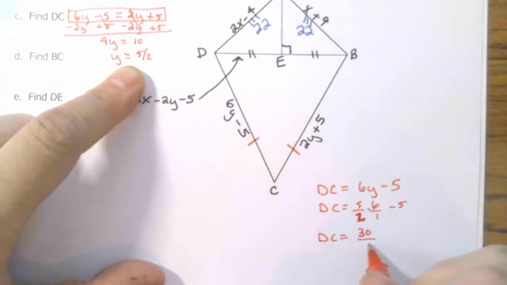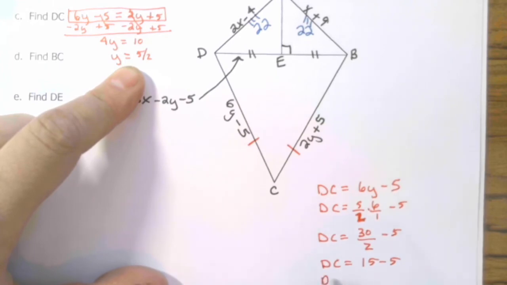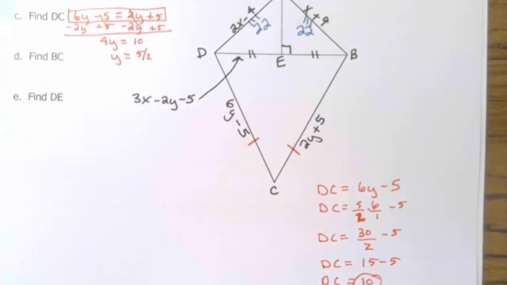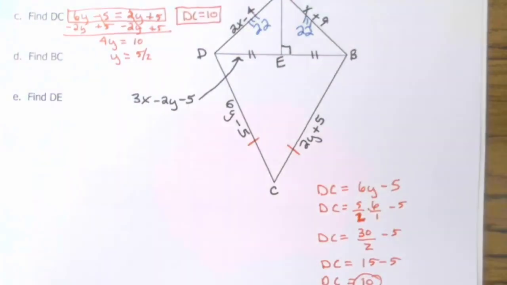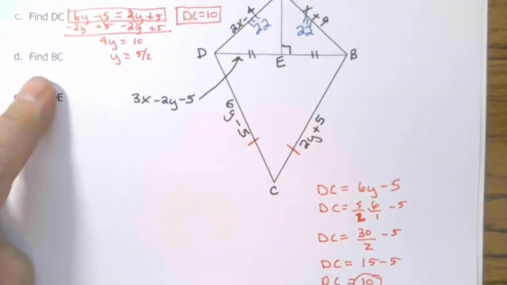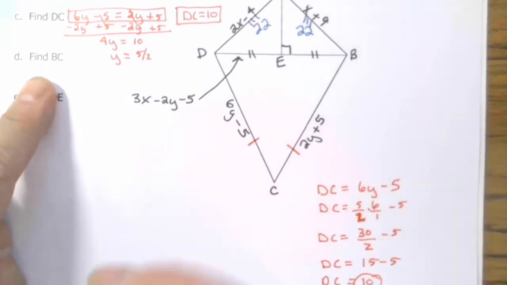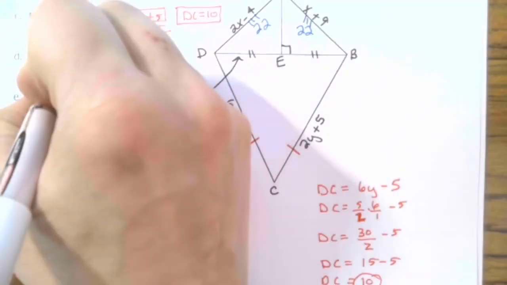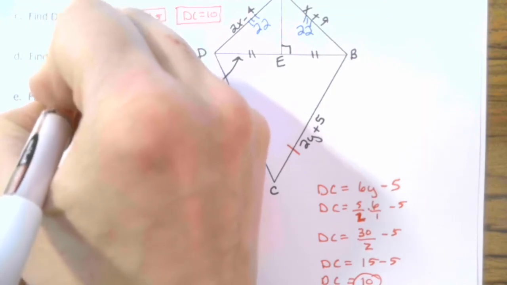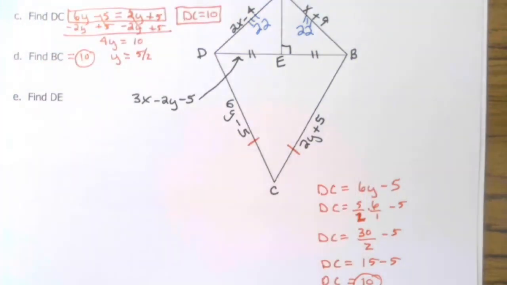On the bottom, 2 times 1 is 2. And 2 goes into 30 15 times. Subtract 5, and DC equals 10. So your answer for C is 10. Okay, find BC. Well, they've told us that DC and BC are the same length, so I can say that BC equals 10 because I already know what the other one is.